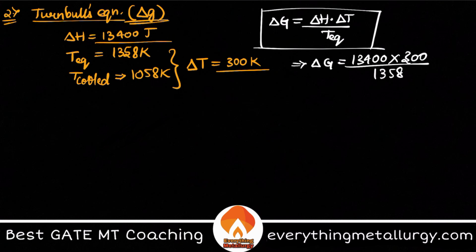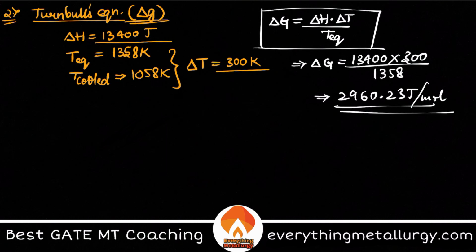Let's calculate. So delta G would be 2960.23 joules per mole. That's it. This is another easy question which we got using the direct formula from Turnbull's equation.